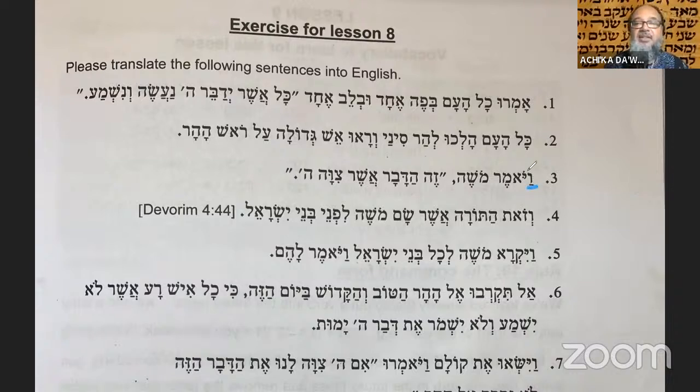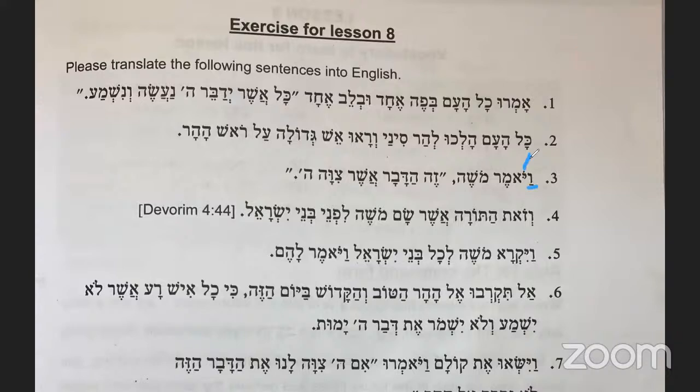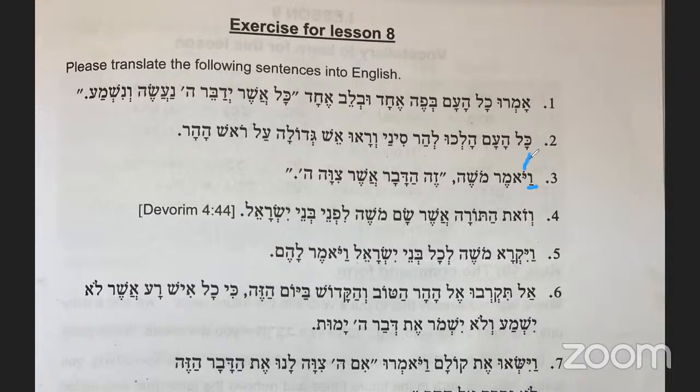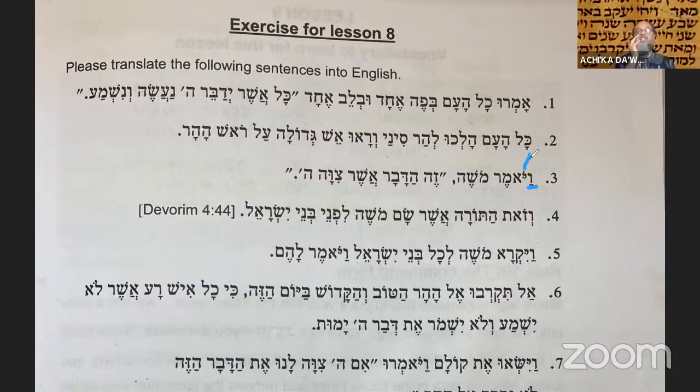And this letter right here, that yod means what? He. And he, what did he do? Said. He said, and who said it? Next word. Who said this verb? Moshe. Moshe. And in your words today, you learned what zeh is. What's zeh?